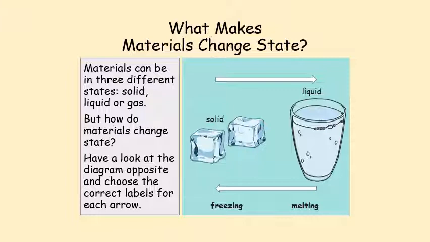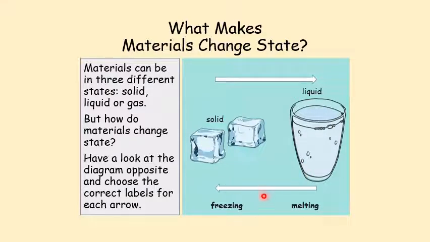So what makes materials change state? Materials can be in three different states: solid, liquid, or gas. But how do materials change state? Have a look at the diagram opposite and choose the correct labels for each arrow. So we have some water and we have some ice, and we have some arrows showing ice becoming water and water becoming ice.